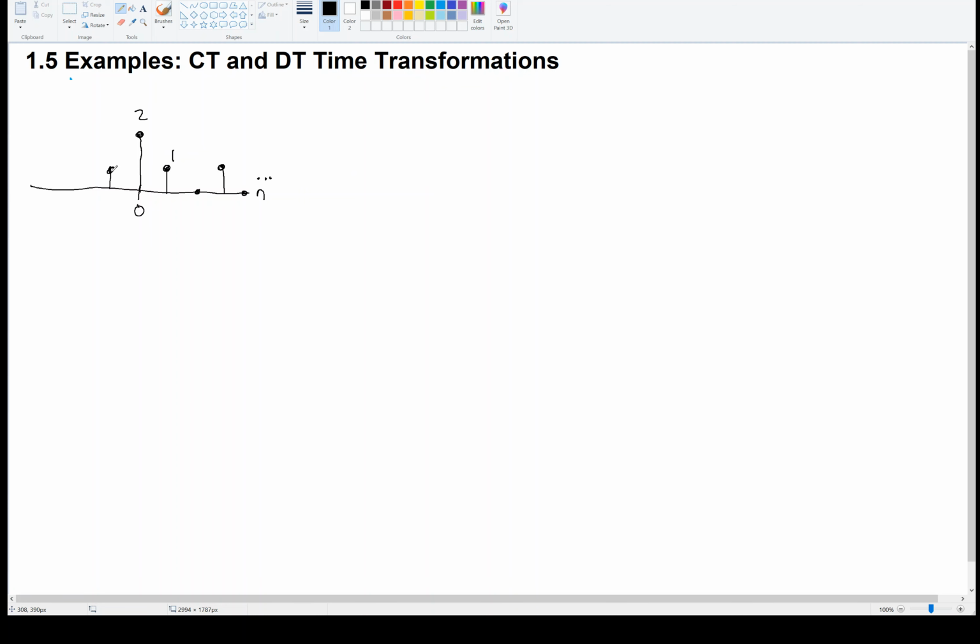And let's say over here we also have 1, 0, 1, and the rest zeros. Okay, this is x of n. And I'm interested in the system that reverses it, x of minus n. I want to figure out what that transformation is.